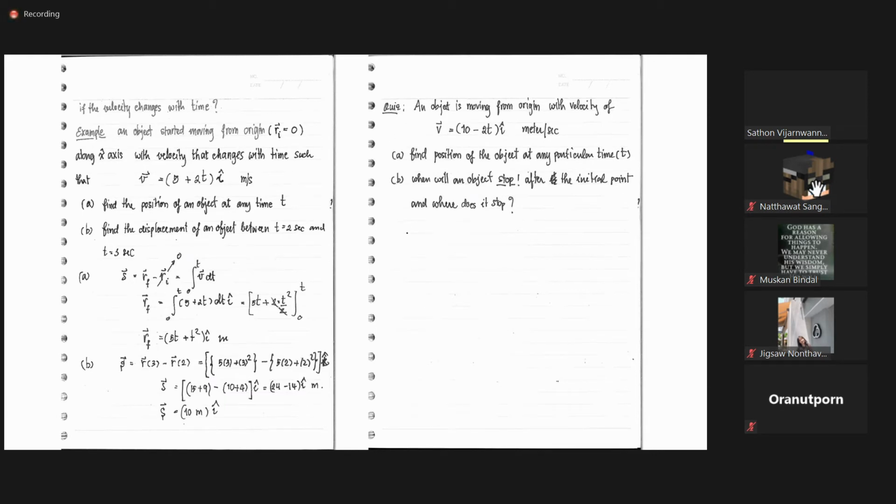So in order to work this out, we start with this: Rf minus Ri is the integration of vector v dt from ti to tf. So in this case, at any particular time, it's v dt from 0 to any time t.